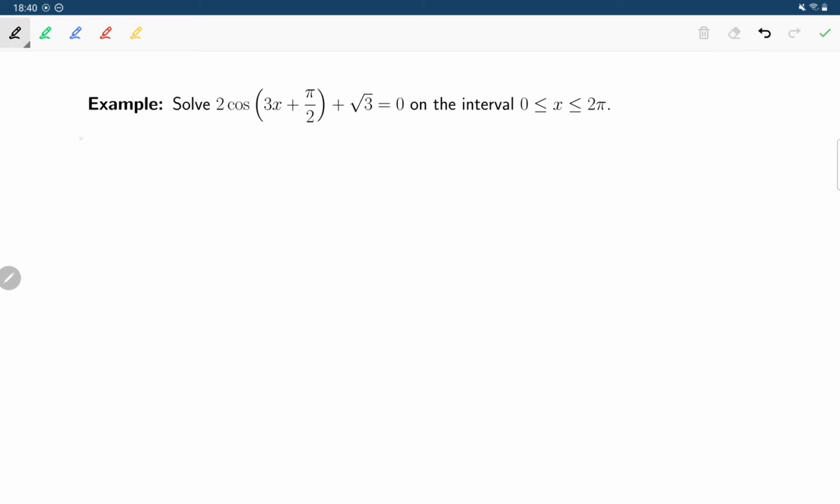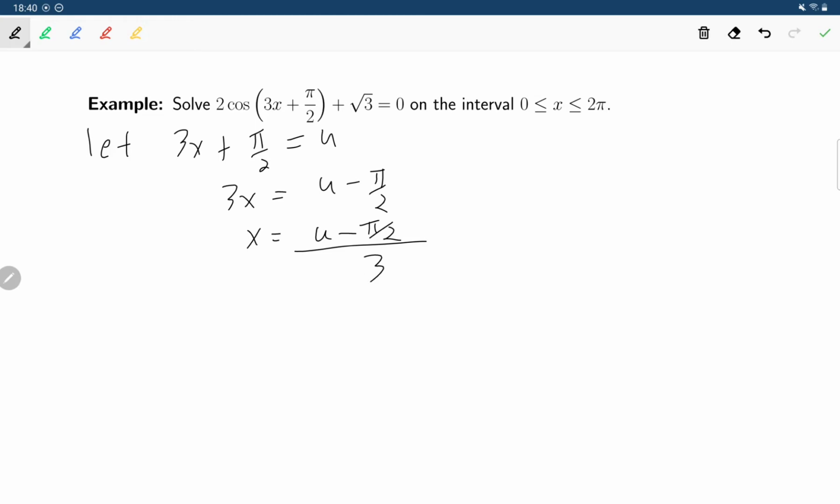So if we're going to think about replacing the 3x plus pi over 2 with u, that means, solving for x just for a minute here, I'm not simplifying that fraction because the whole point of this is I'm using this to figure out how this will change my interval of solutions, so I'm not going to bother trying to make this into a simpler expression.